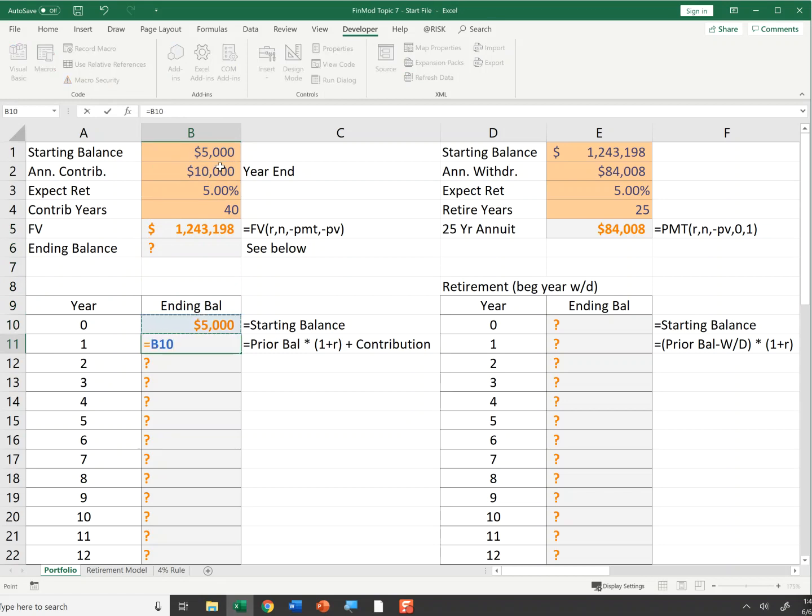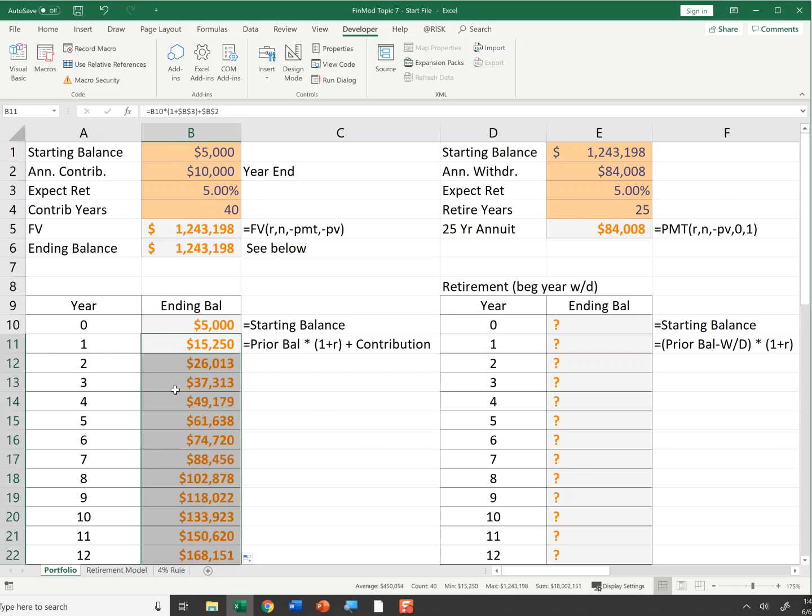That $5,000 will then grow at my expected return. I'll anchor the expected return. And then since this is year-end contributions, I'll then add my $10,000 contribution. So at the end of the first year, I have my $5,000, which is going to earn 5% or $250, and then I'll add a $10,000 contribution.